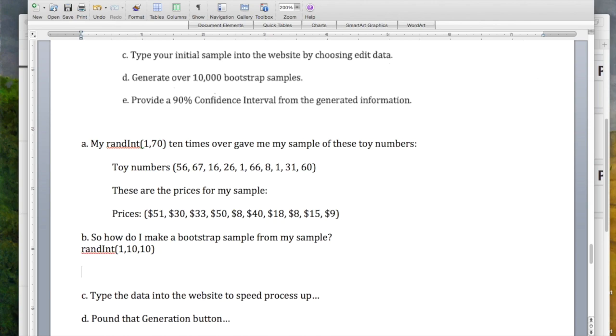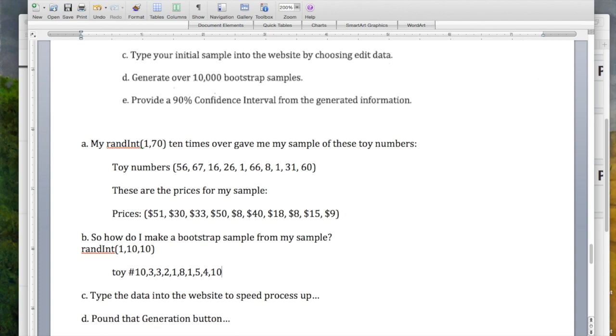I got toy number 10, 3. I got another 3, a 2, 1, an 8, a 1, 5, a 4, and one more, toy number 10.